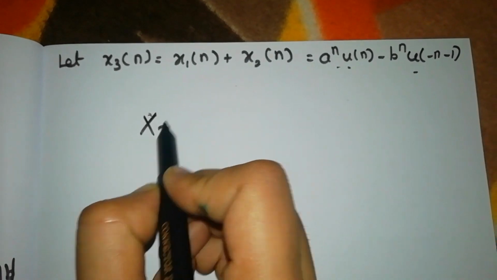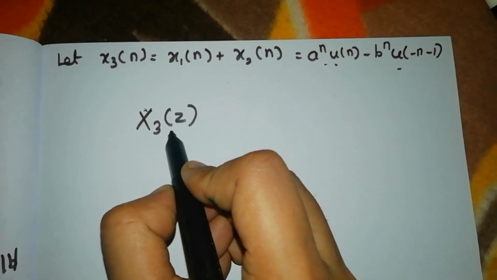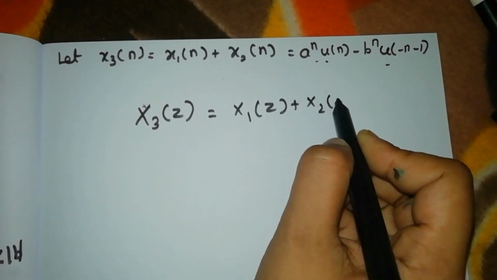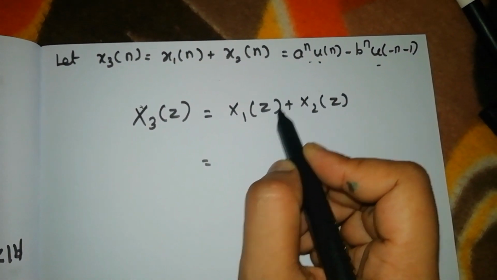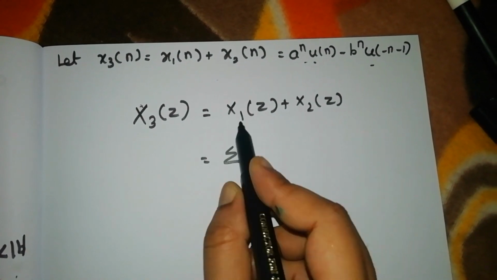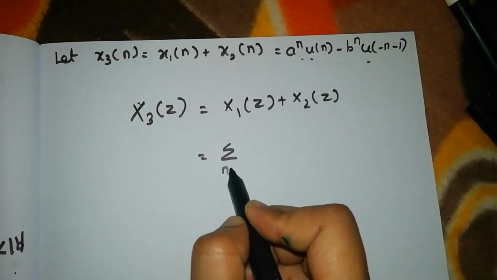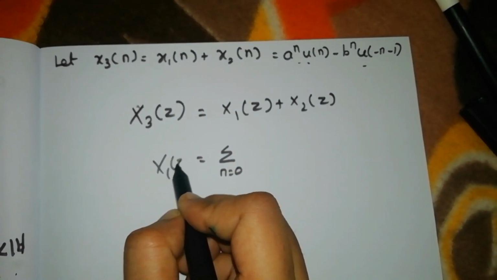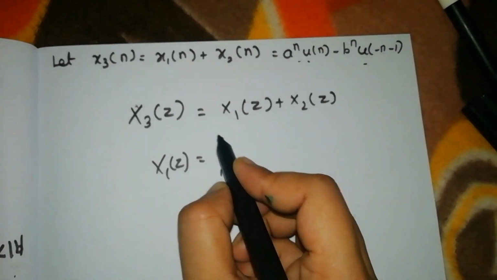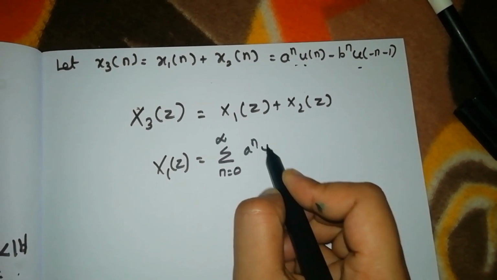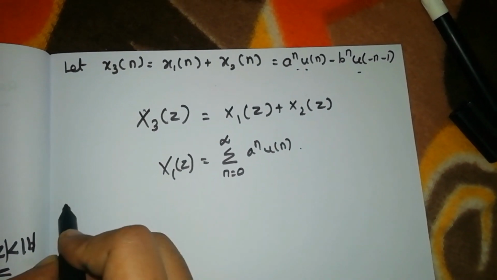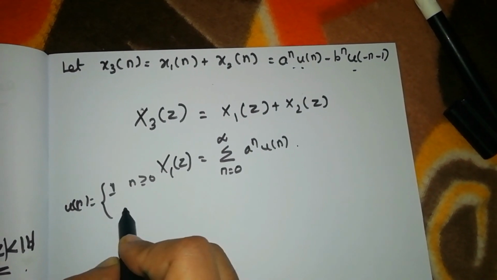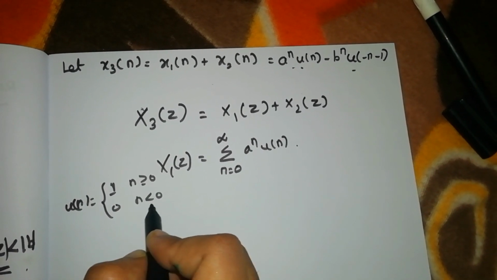So the Z transform of this x3 of n is X3 of z equal to X1 of z plus X2 of z. First we solve X1 of z, summation n is equal to 0 to infinity a power n u of n z power minus n, and we know the u of n property, that is equal to 1 for n greater than or equal to 0 and 0 for n less than 0.